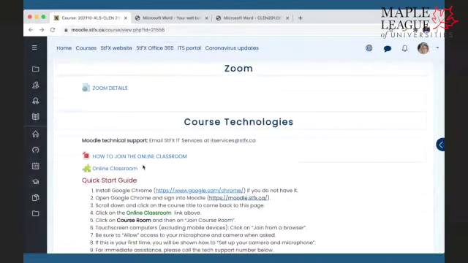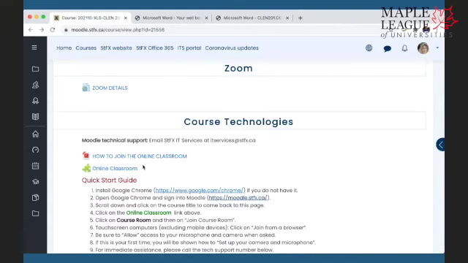I tried Zoom. We're supposed to officially use Collaborate, but I had some students that couldn't get onto Collaborate, so I thought I'd try Zoom, and then I had other students that couldn't get onto Zoom. So I guess I should go back to Collaborate, because that is the one that's supported by the university and the one that we're supposed to use.